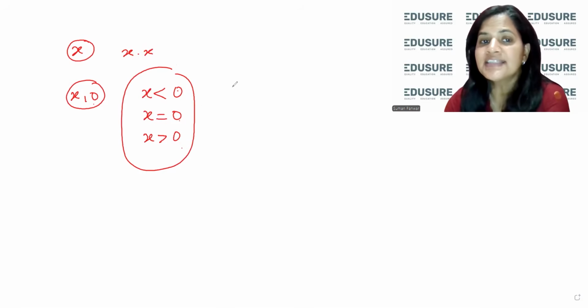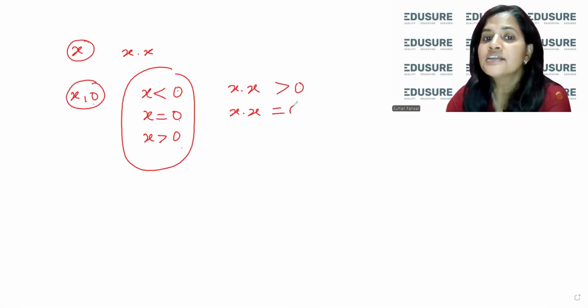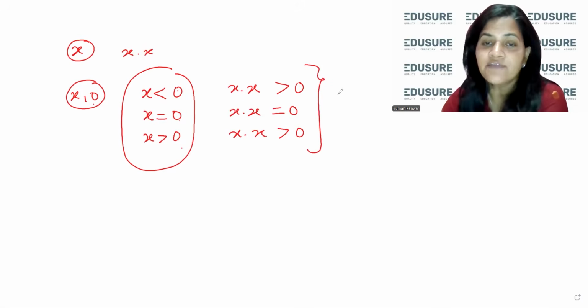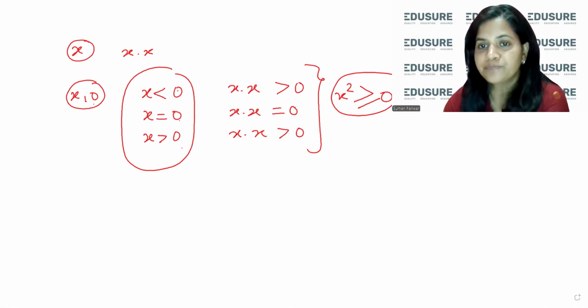If x is negative, x times x will be positive. If x is 0, then x times x will be 0. And if x is positive, then x times x will be positive. So you can see that x times x, which in shortcut can be written as x squared, is greater than or equal to 0.